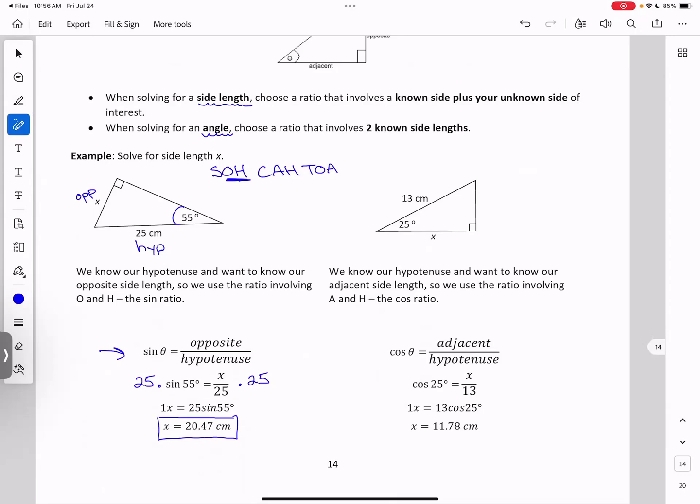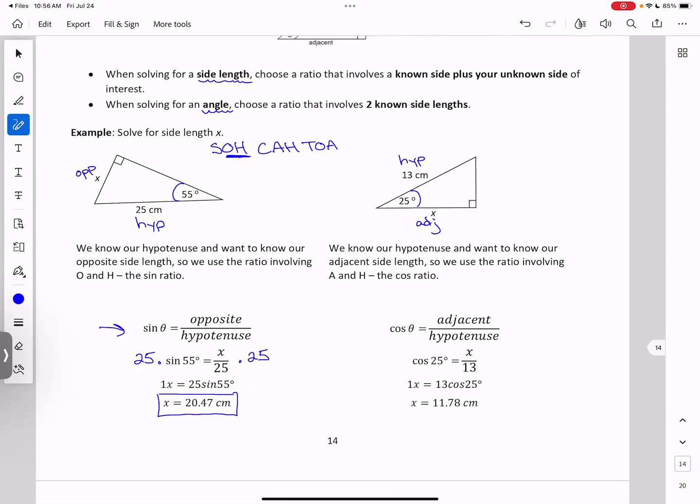Okay, let's look at the next example. So here we've been given this target angle 25 degrees. So relative to that angle, 13 is our hypotenuse, and x is our adjacent. So we want to use a ratio this time that involves adjacent and hypotenuse, so A and H, and that would be cosine.